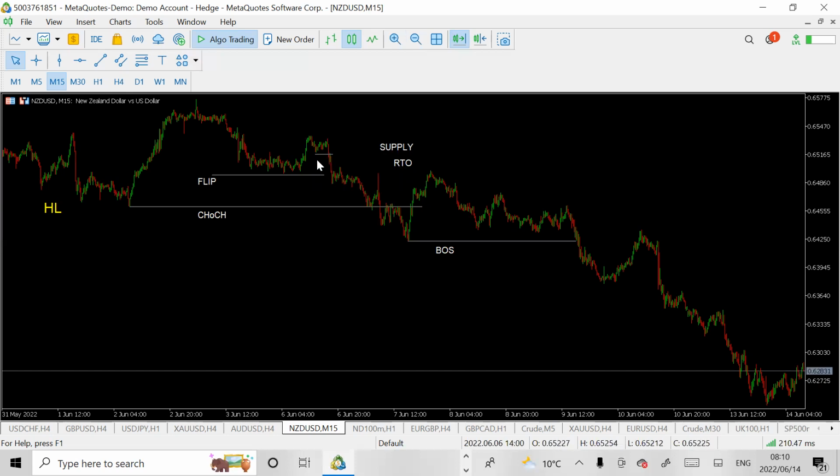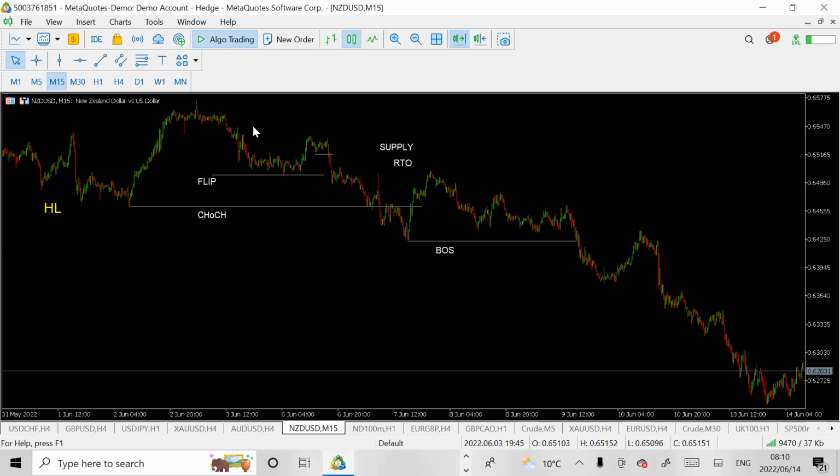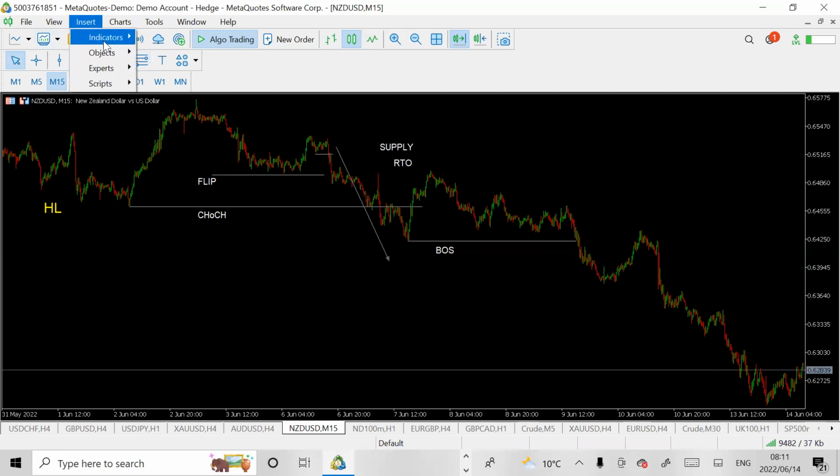On 15, you wait for the church for a confirmation. Okay, wait. This was a church. So we had to wait for a break of structure, and we had to wait for the retest, a return.